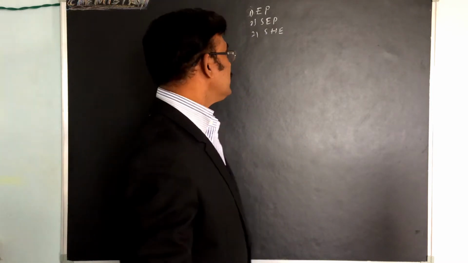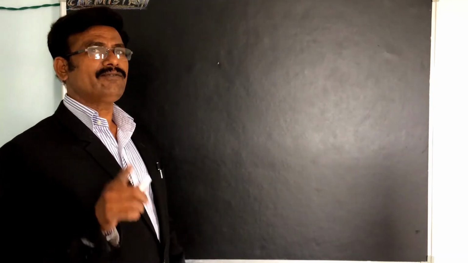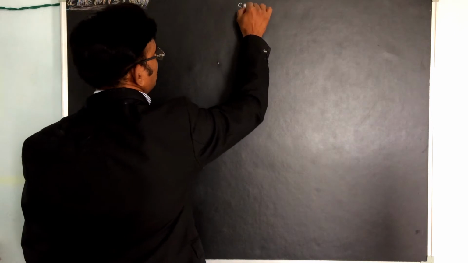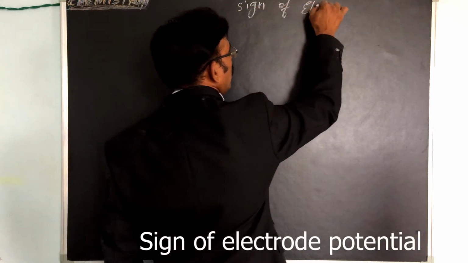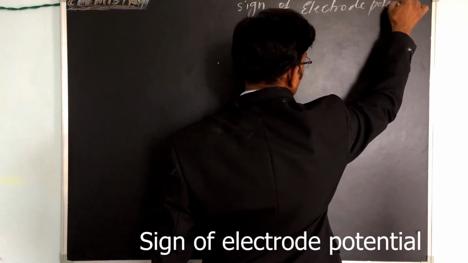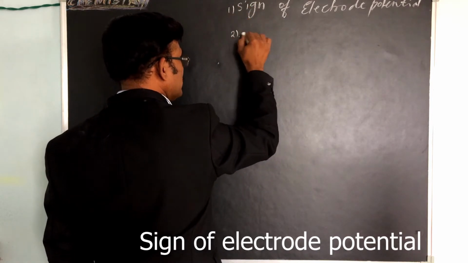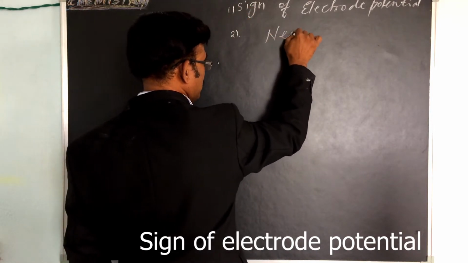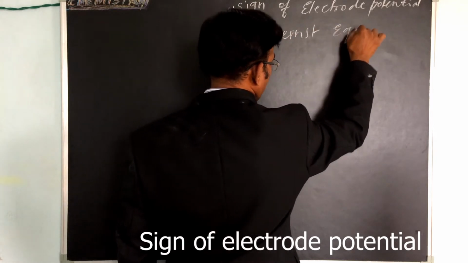Today we will discuss the important things: first, the sign of electrode potential, and second, the Nernst equation.